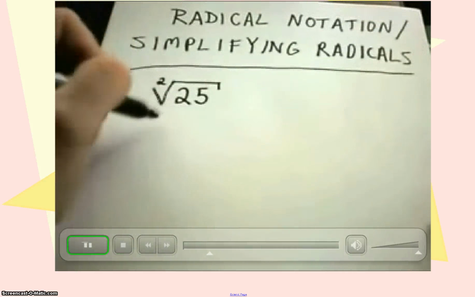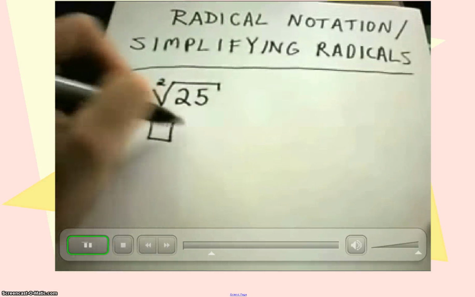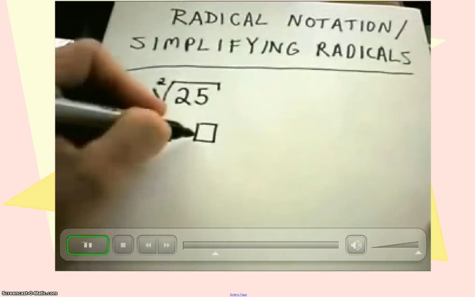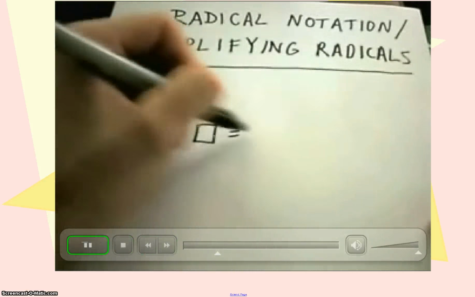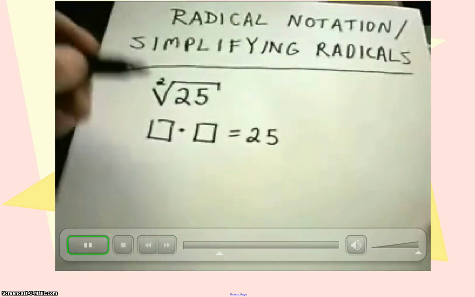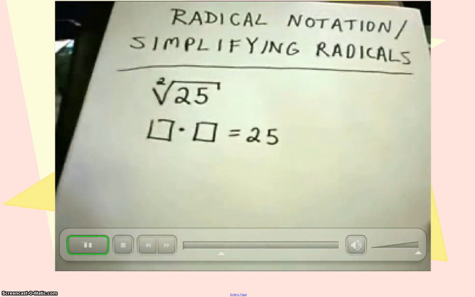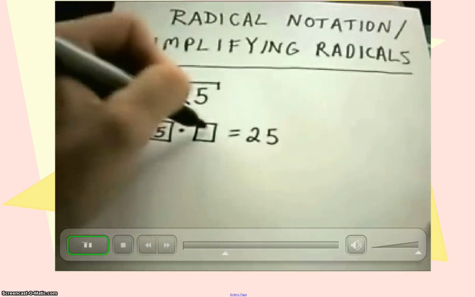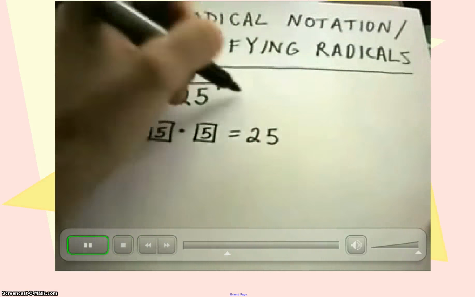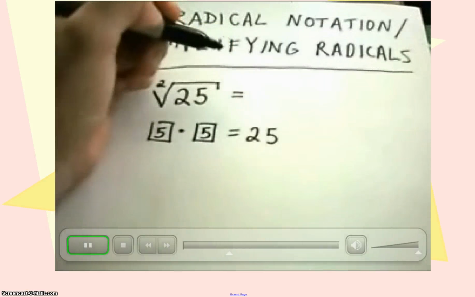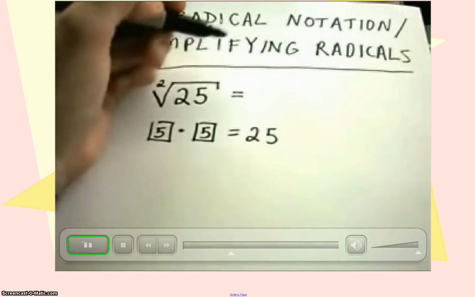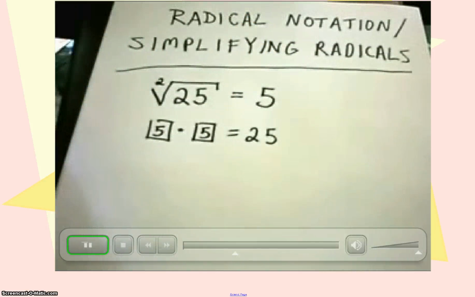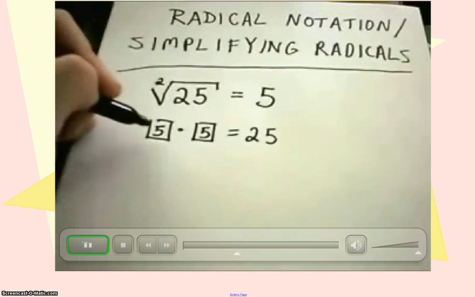And whatever this number up here is, it basically means you need a number multiplied by itself that many times, in this case 2 times, so that we get the number 25 back. And notice that 5 times 5 equals 25, and that is going to be the solution to this problem. It says the square root of 25 is 5.